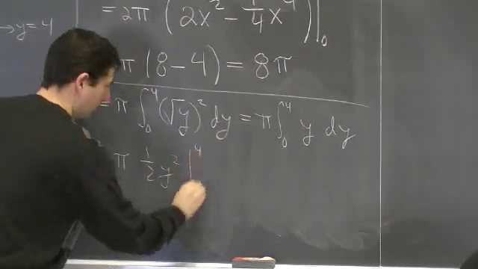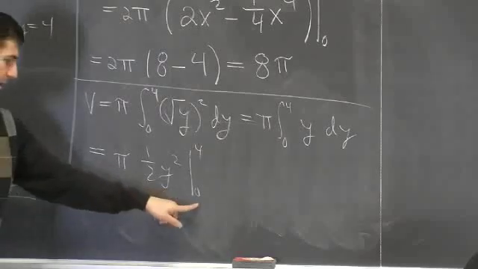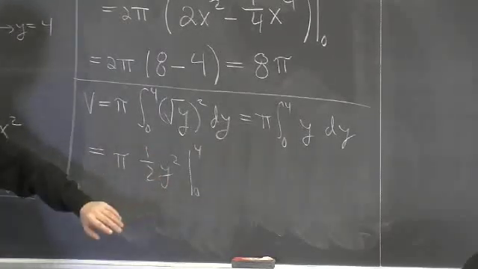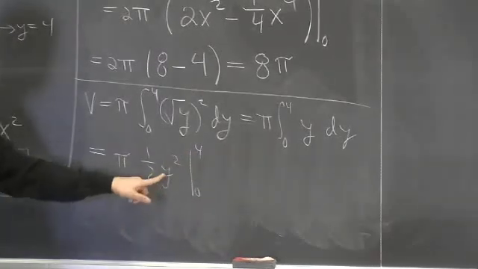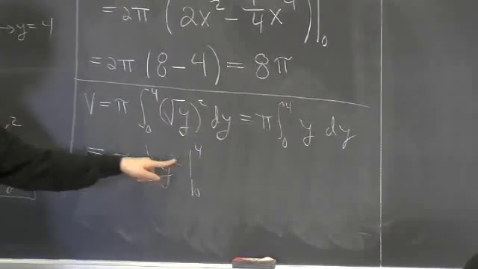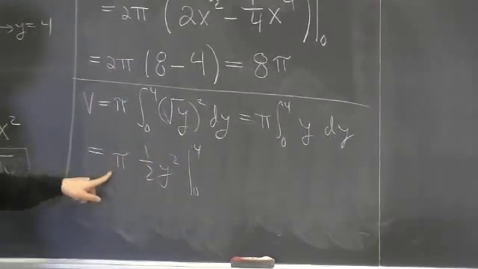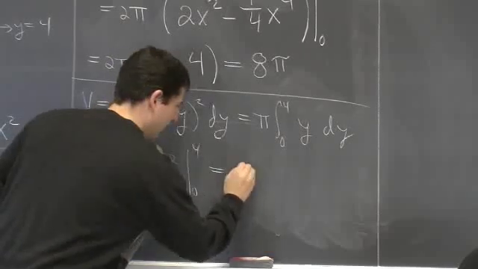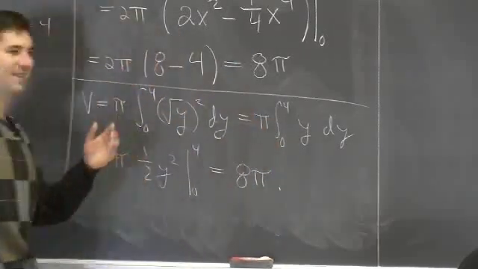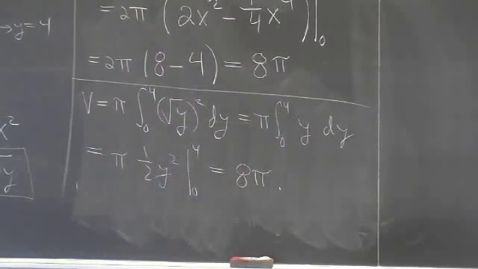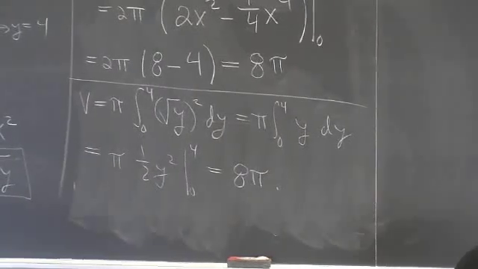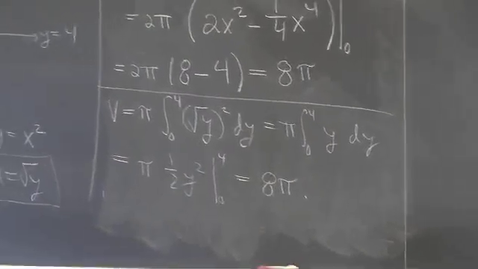We evaluate at 0 and 4. When you evaluate at 0, of course, it goes away, so we just have to evaluate at 4. 4 squared is 16, divided by 2 is 8, times pi is 8 pi. That's pretty nice. It's a little surprising that these two different integrals pop out like that.